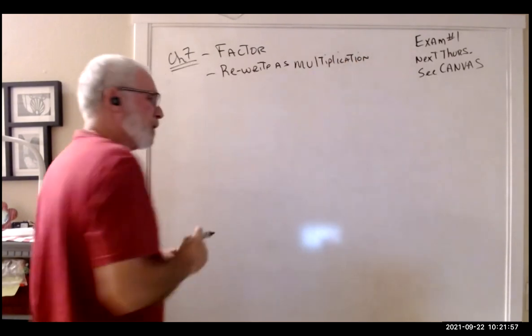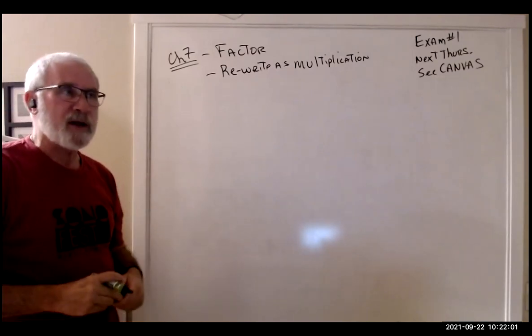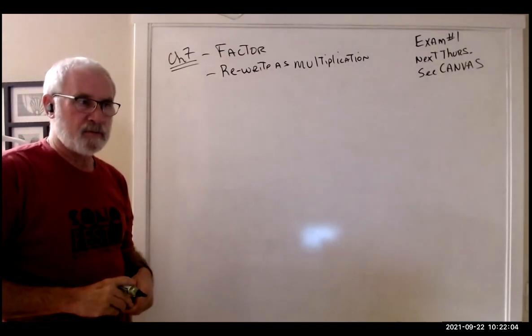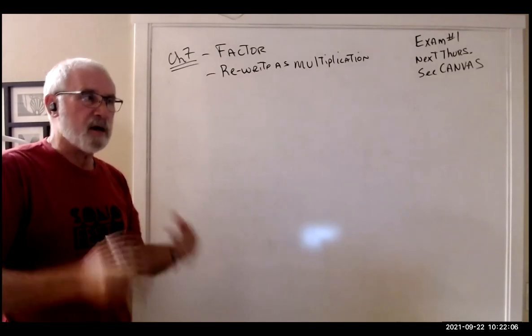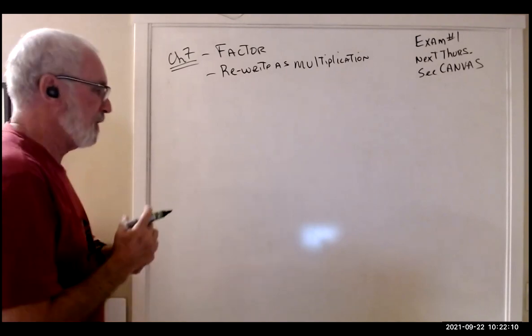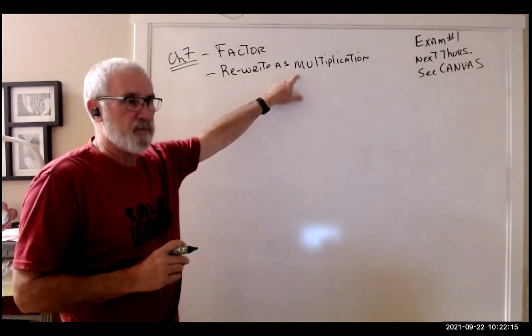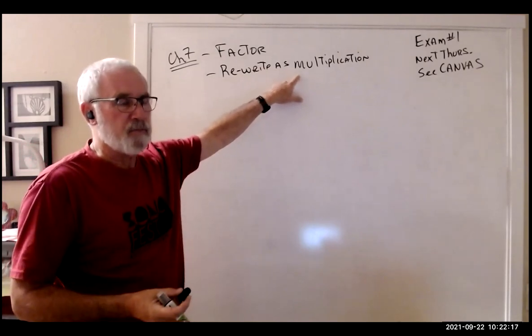So when the instructions say factor this, your answer better look like a multiplication problem. It better be a multiplication problem when you're done. Factoring means take something, and when you're done with it, it better be a multiplication problem. There's a reason why we use it.